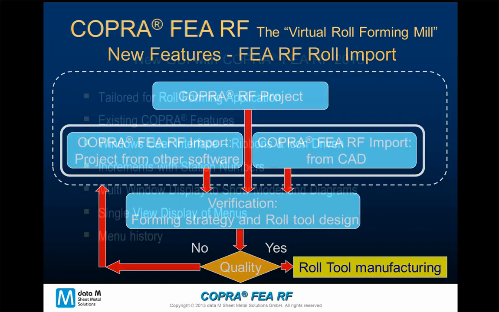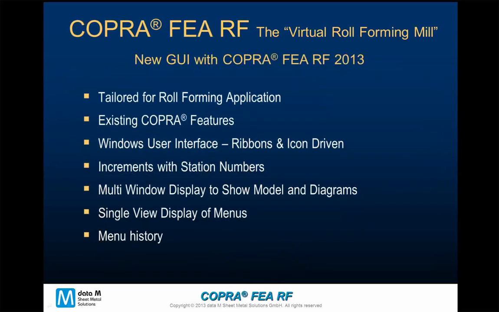And finally, just a brief overview now of our new graphical user interface with COPA FEA-RF 2013. Well, as we all know, we have a tailored menu system specifically for the roll forming application, which remains, and all of the existing COPA features are still available and valid within the FEA-RF 2013 menu system.